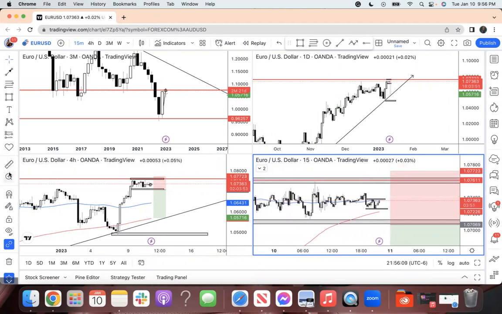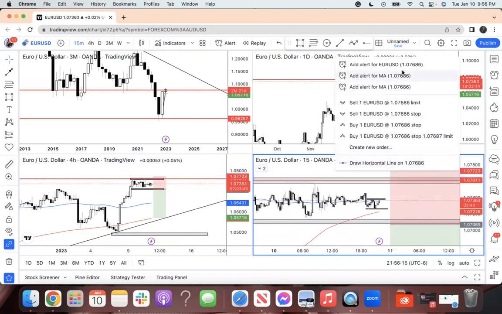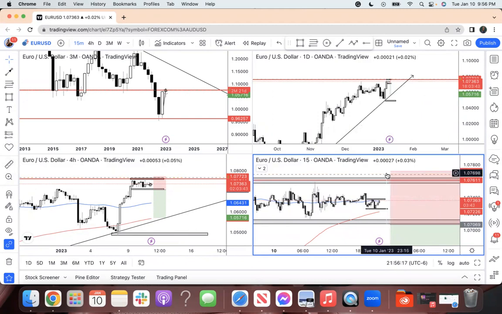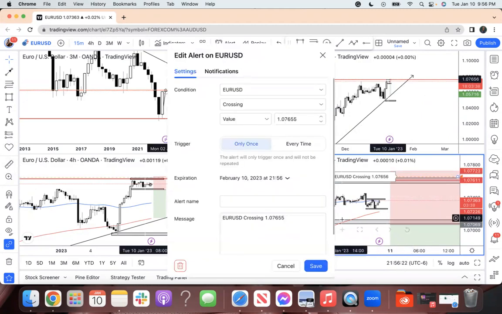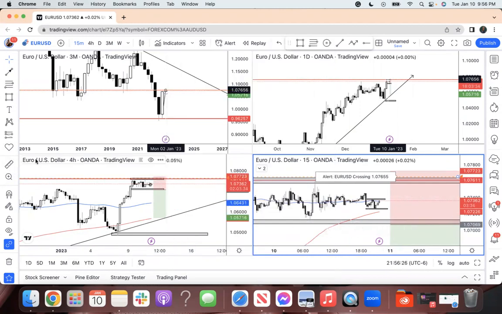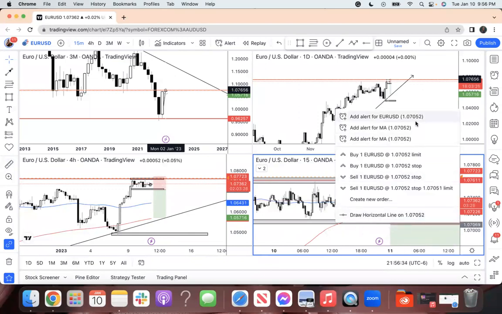So we could come over, add an alert here, which is going to send a notification to our phone to let us know when price has reached our area. So you're not just sitting on the charts, impatiently waiting and being tempted to hop into positions that are not going to yield any profits.